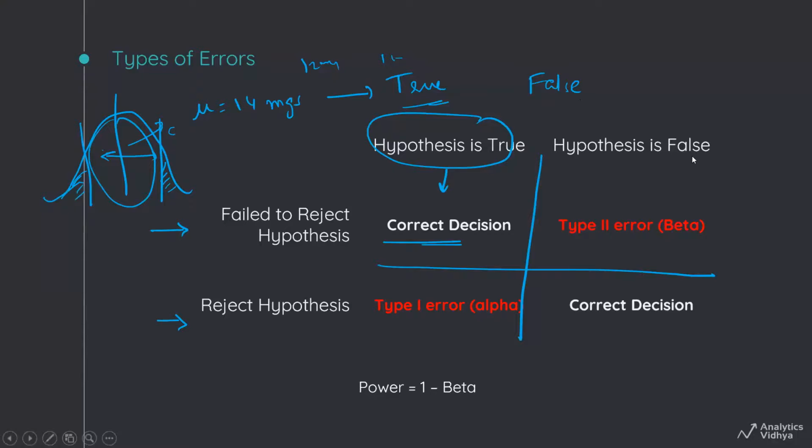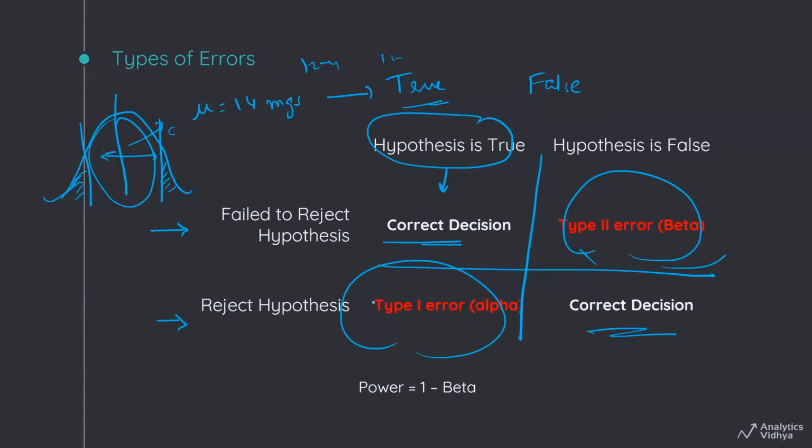Similarly, when your hypothesis is false, you have to reject your null hypothesis, right? Suppose the active ingredient composition is actually not 14 milligrams but something else, and after conducting your experiment, your statistics told you that the null hypothesis is false, then you again came to a correct decision. But the problem is these 2 cases, right?